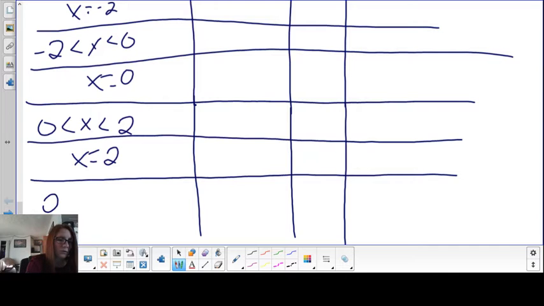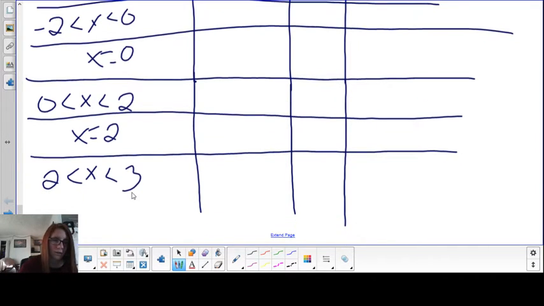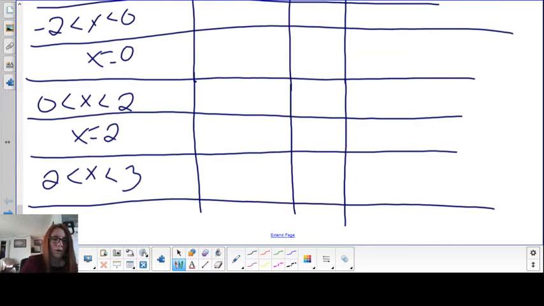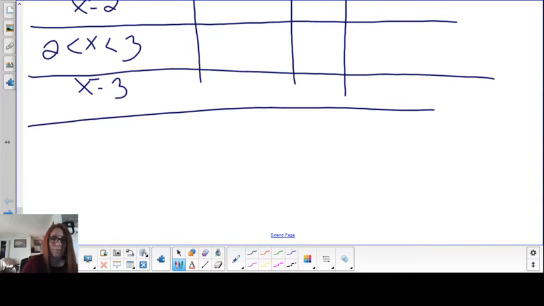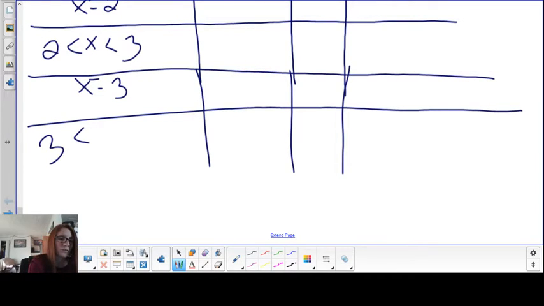What happens between 2 and 3? And then what happens at 3? And then finally, what happens after 3?